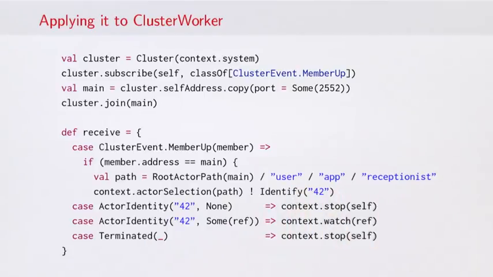We can resolve this actor path using actor selection and sending it an identify message with some random tag here. And if we cannot resolve the receptionist, something must be wrong. We stop the program. Otherwise, this is the normal case. We just watch the receptionist, and once we get the terminated, we stop the program.